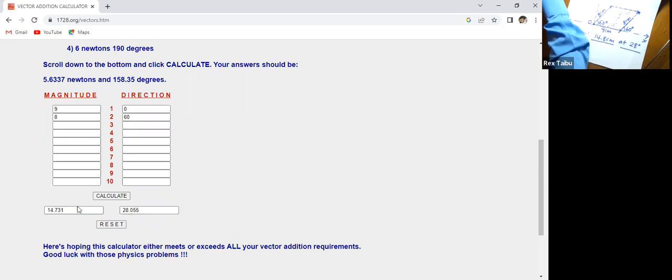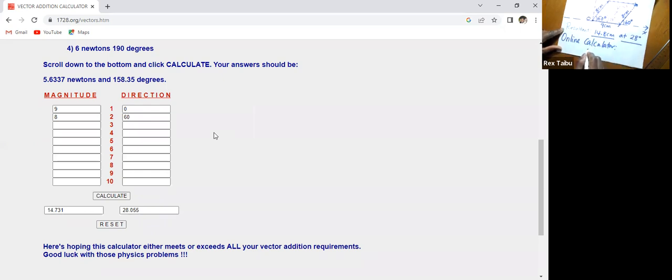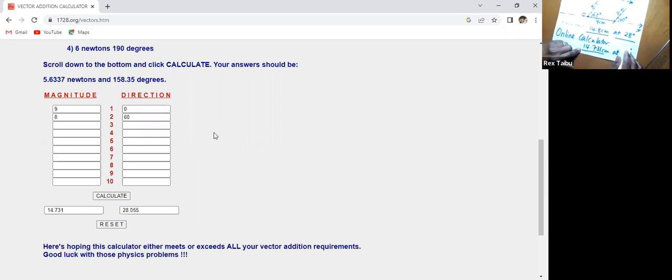I don't know if you can see what I'm sharing here, but I'll stop sharing now. These are the results we get. Let me write them down here in case you weren't able to see. From the online calculator, we got a resultant of 14.731 centimeters at an angle of 28.